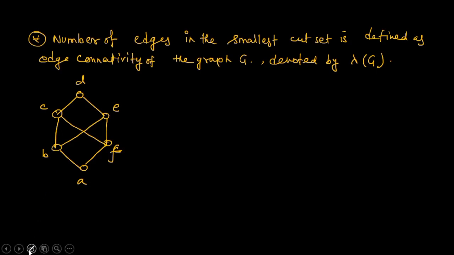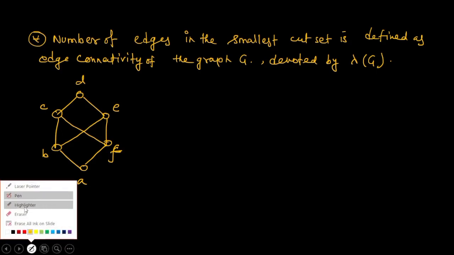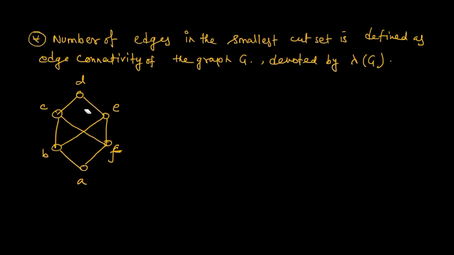If you remove these two edges, you get a disconnected graph, and if you keep just one of these two edges, you still get a connected graph. So the removal of these two edges gives a disconnected graph, and this set is a minimal choice.